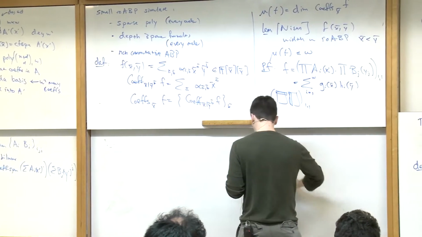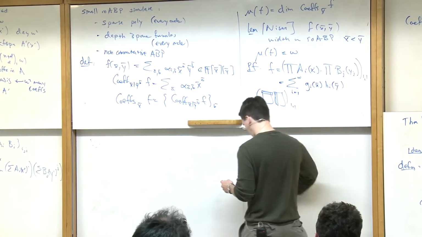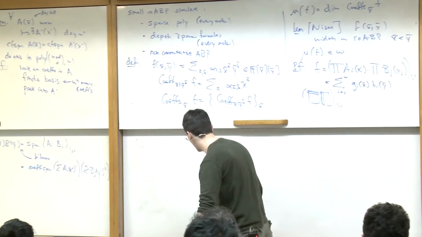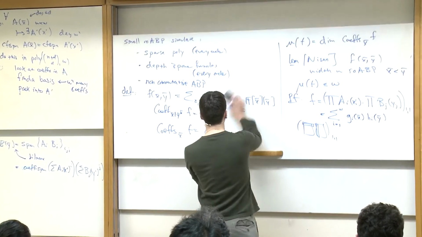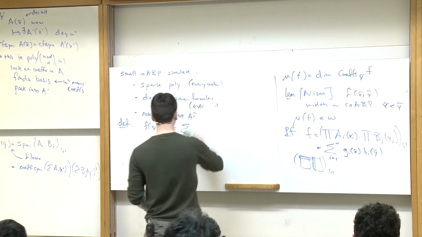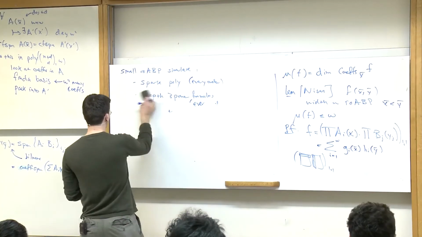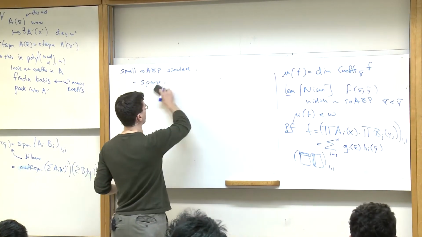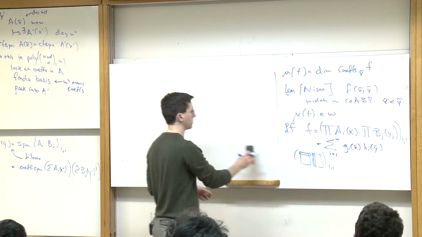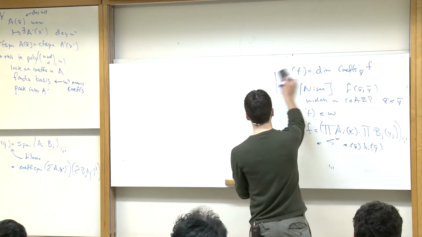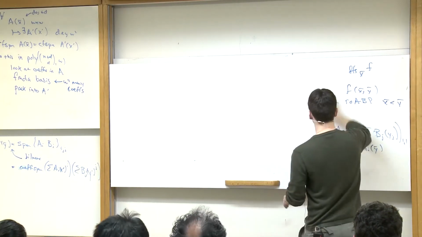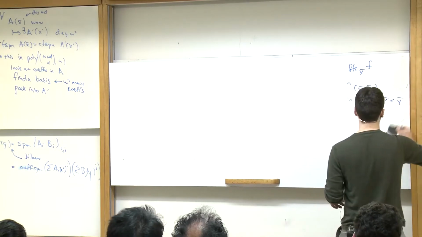Okay, so those are the two key lemmas. And what I want to do now is say, how do we actually get this algorithm? Basically, we're going to do what I already said, is that we're going to do a divide and conquer. And so let me just give you the proof idea when we have 4 variables, because that basically has the main ideas of the proof.